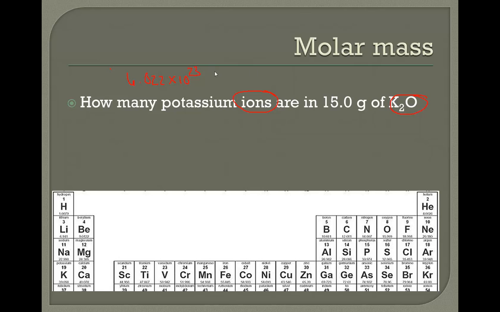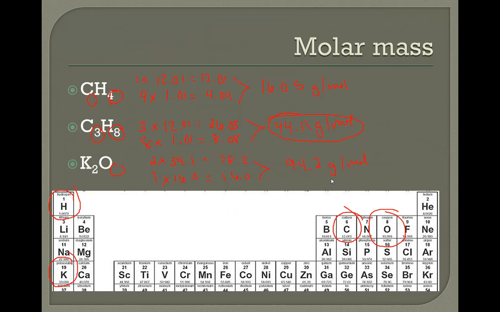It's not an ion, but we can get to ions by saying that there are 2 potassium ions in every 1 formula unit of K2O. I also see grams here. That means that I'm going to need the molar mass of K2O. This is a much more complicated one, if you haven't gathered it by now. 94.2 grams per mole. We already calculated that earlier.